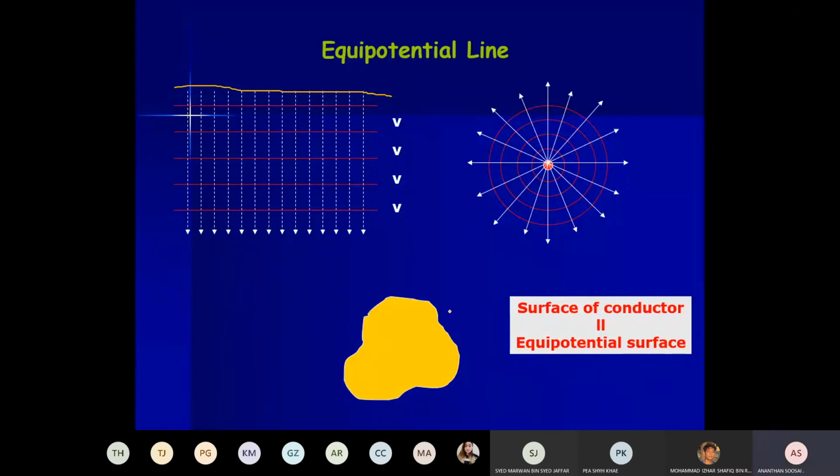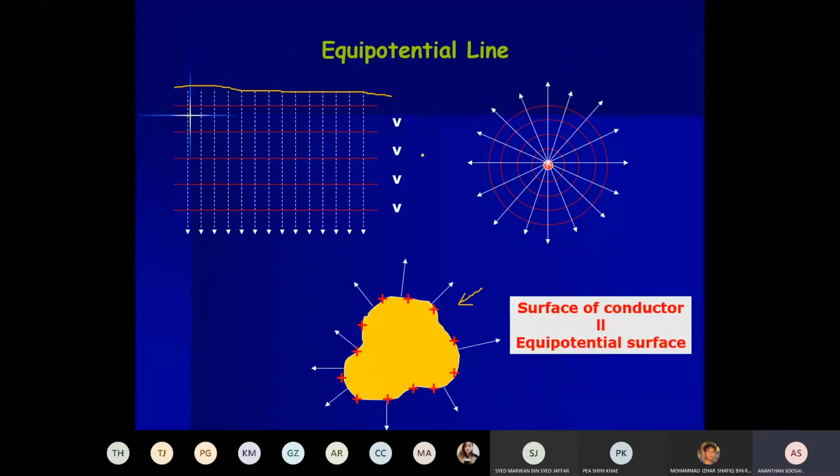Can you figure out what the equipotential line looks like for this non-uniform shape? The third one down here is this body. If it's positively charged, how does the field look? The field should be going outward. But how should the equipotential line look?